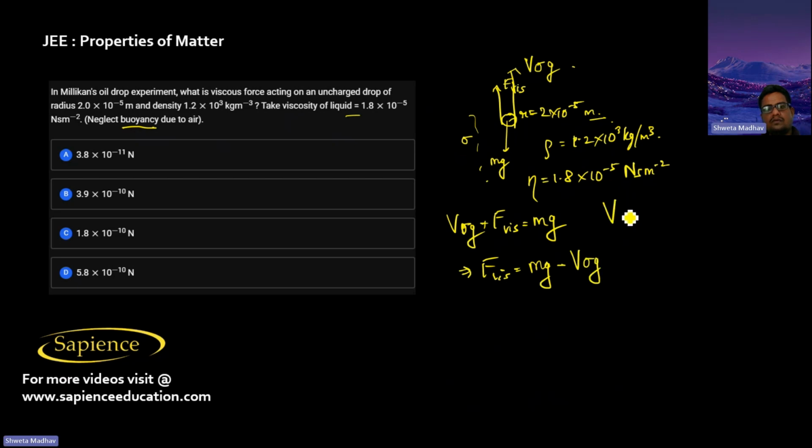Now the volume we can tell is mass by density. That means the viscous force will be equal to mg minus mg into sigma by rho, which is mg into (1 minus sigma by rho).